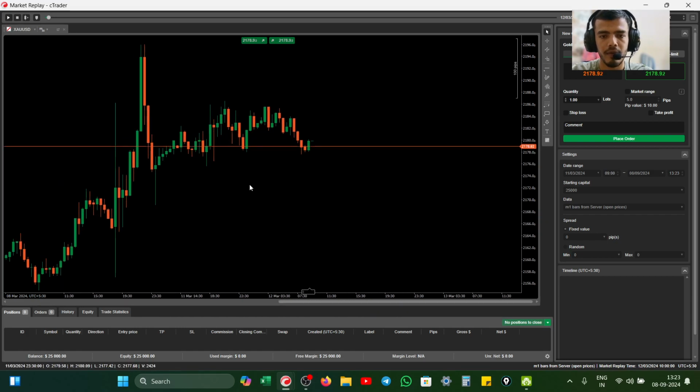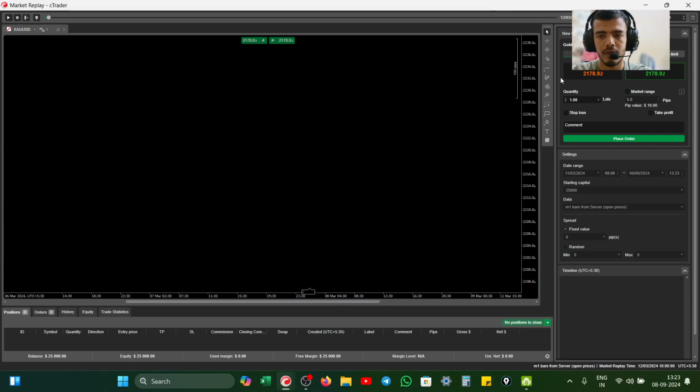Let me tell you what I have learned so far. Market moves in this phase. If we are in an uptrend, we have to wait for a support to be created for the next candle to go further, creating a new high or retesting that high. And in a downtrend, a low should be created and a retest should happen.